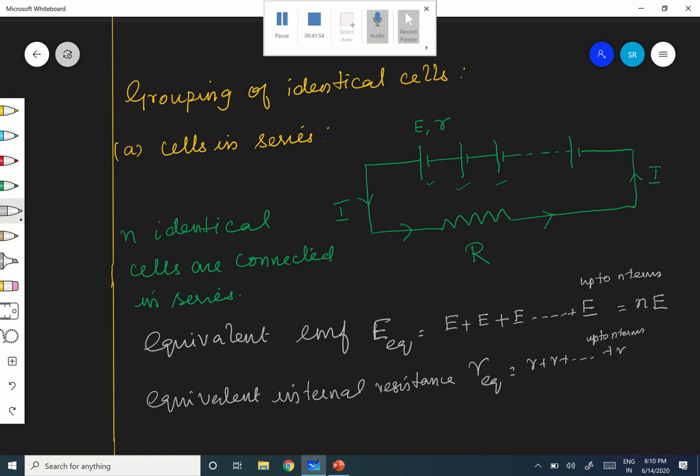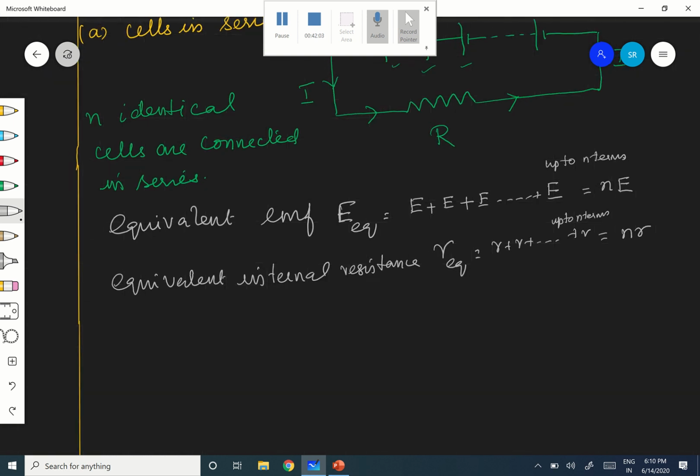That is nothing but n r. So now I have the equivalent internal resistance and the equivalent EMF.